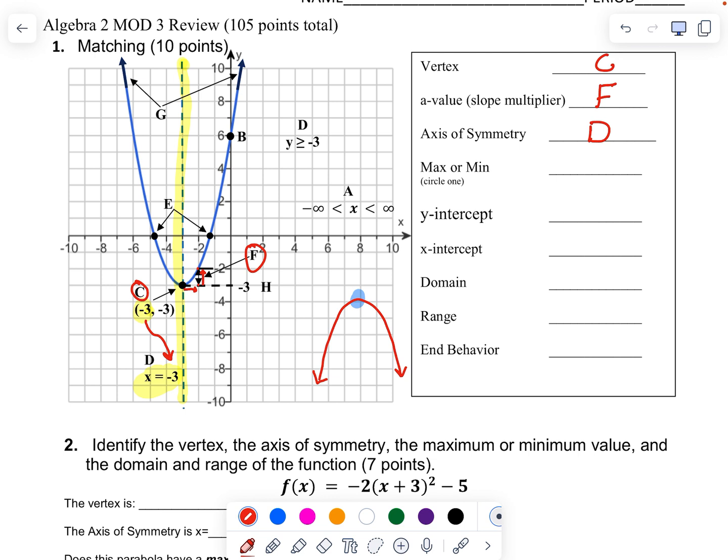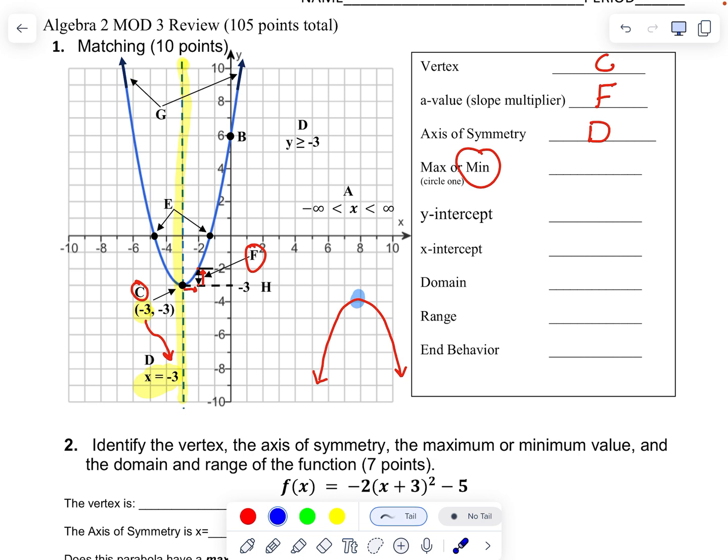Does this have a maximum or a minimum? This one has a minimum, and you can kind of think of it this way. Our parabola goes down to a minimum point, and then goes back up. It goes as low as right here and then goes back up forever. Because it goes up forever, it does not have a maximum point.